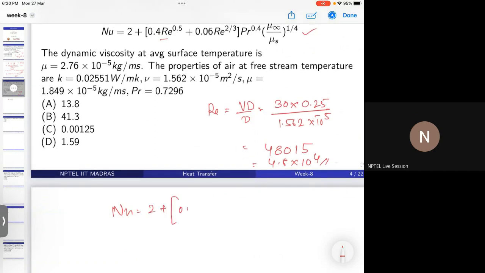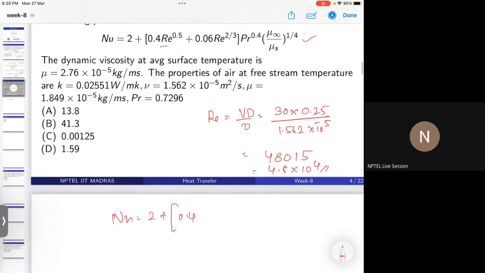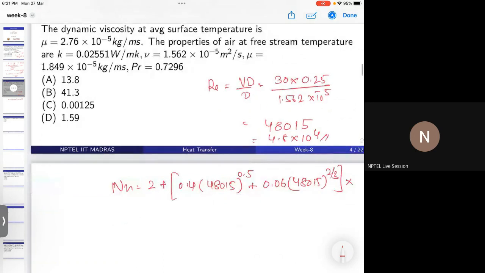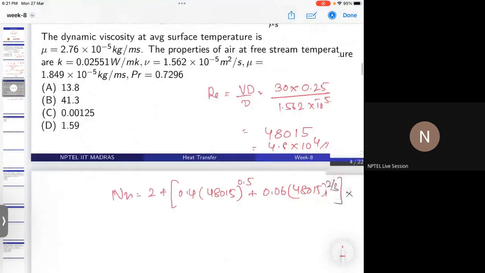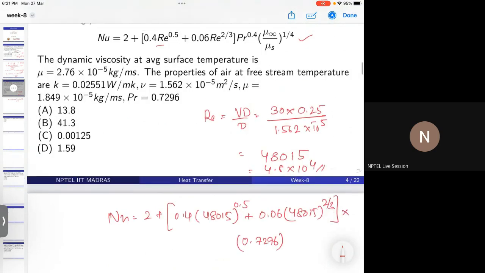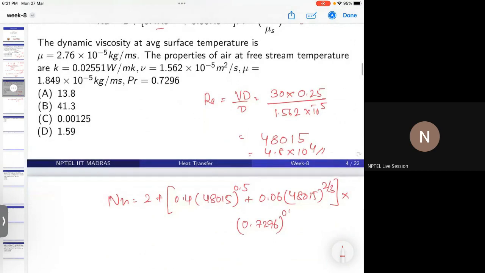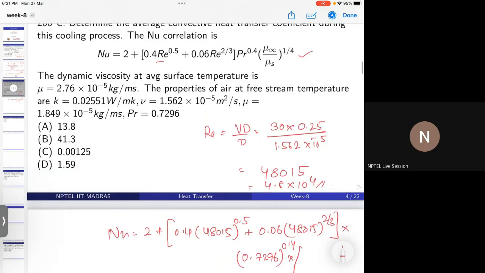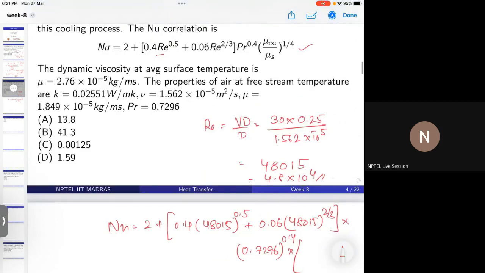So it's 0.2 plus 0.4 Reynolds number raised to 0.5 plus 0.06 Reynolds number raised to 2 by 3 times Prandtl number, which is given as 0.7296, raised to 0.4, times mu infinity by mu s.